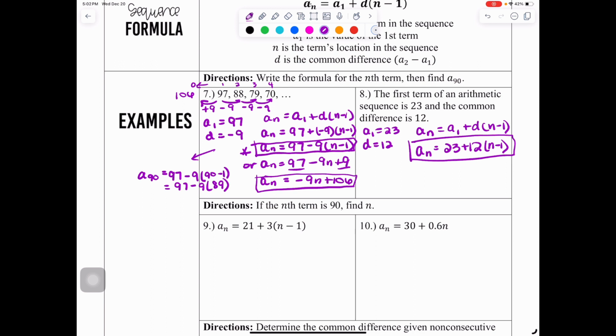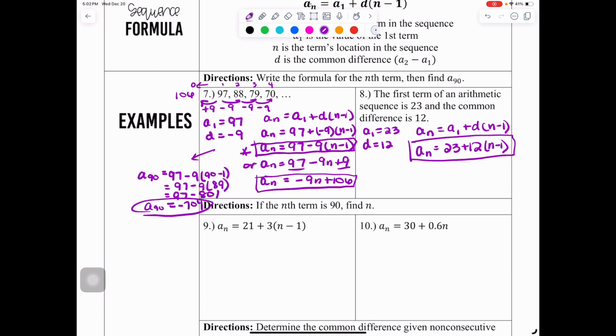So then as I continue to simplify this, I would do negative 9 times the 89 and get negative 801. So equals 97 minus 801. And then if I do 97 minus 801, I get negative 704. So that means that the 90th term is negative 704. So we'll do a sub 90 here, and we'll circle that as our 90th term.